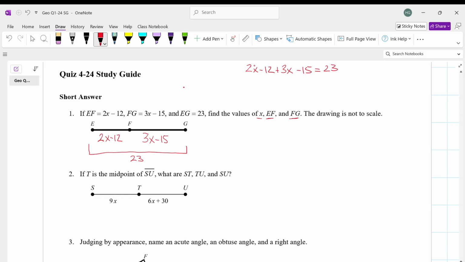And then we're going to combine our like terms. We've got a 2x plus a 3x, and that's 5x. We've got a negative 12 and a negative 15, and that's negative 27, and that's equal to 23.